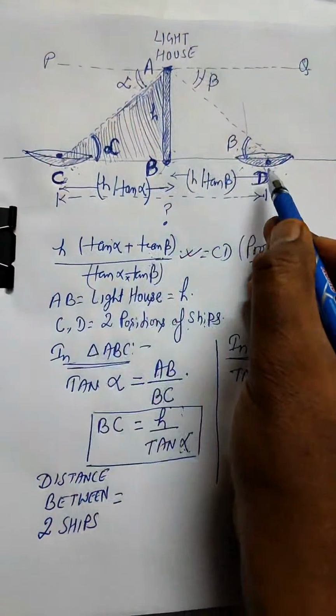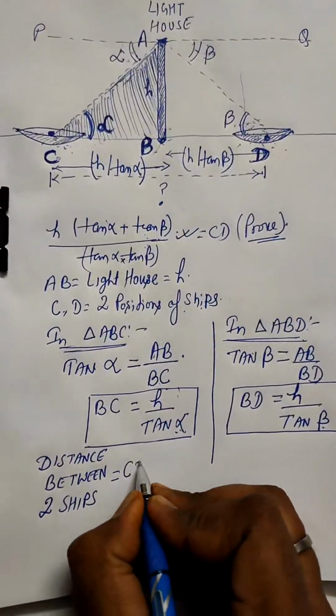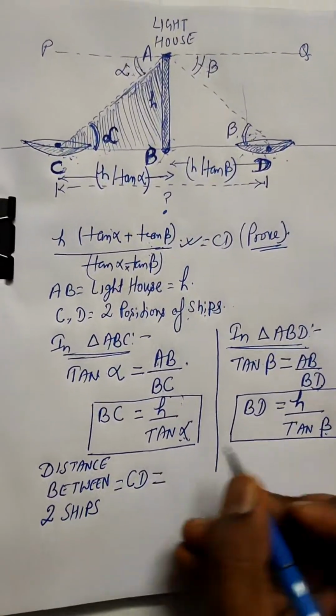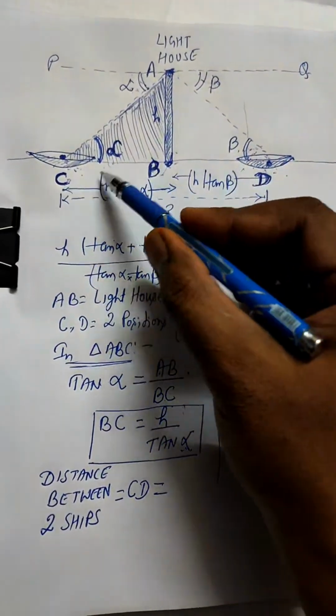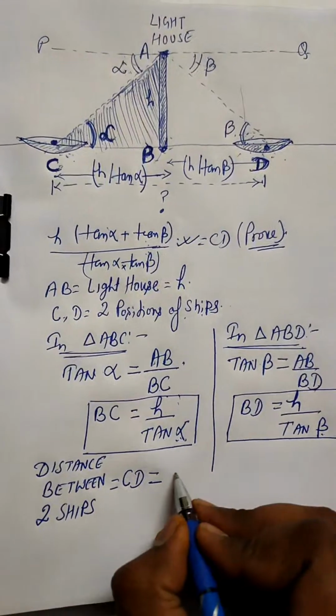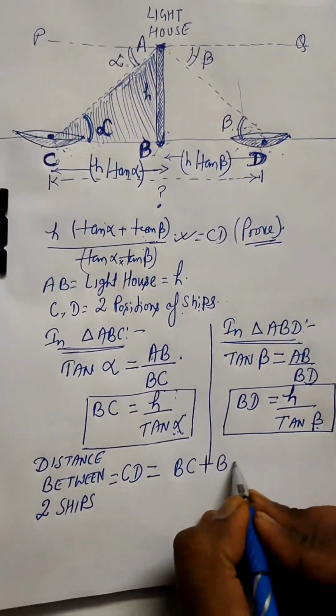Distance CD is the distance between two ships. So that's equal to C to D, and CD, the distance between two ships, can be written as BC plus BD.